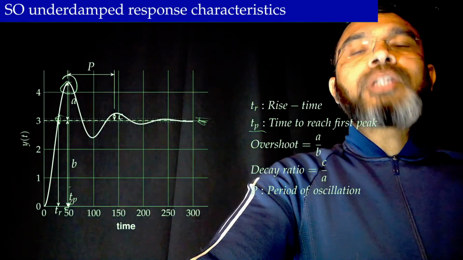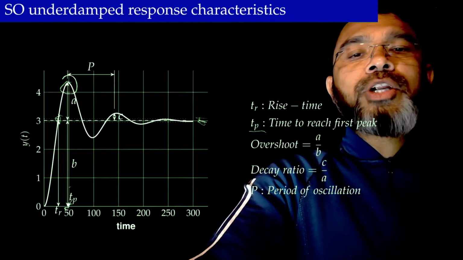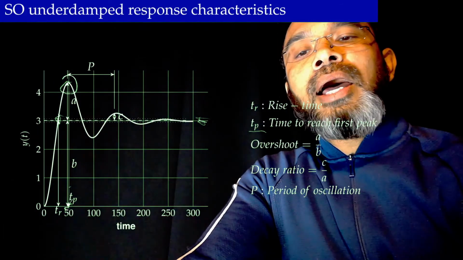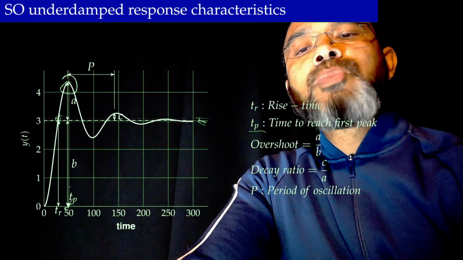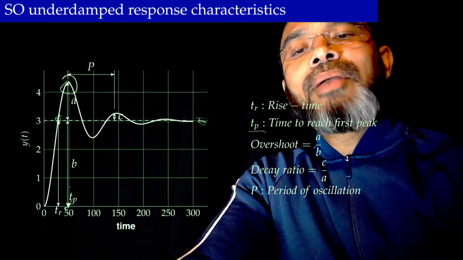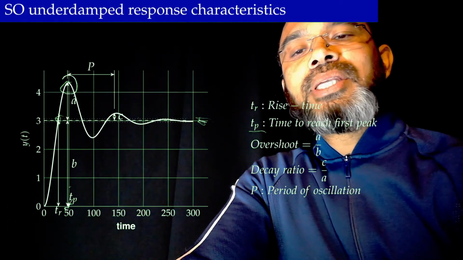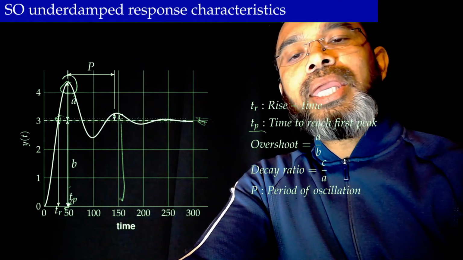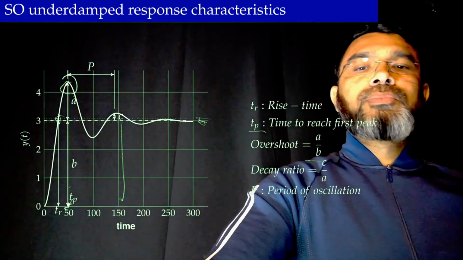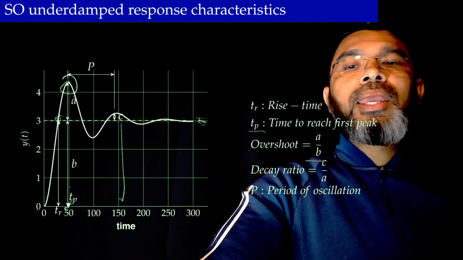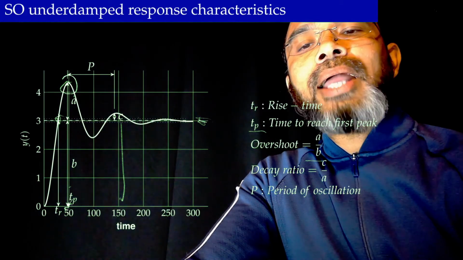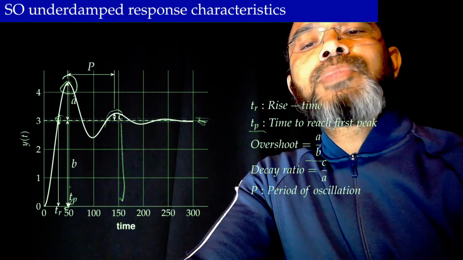Now there are two other important parameters: overshoot and decay ratio. The response goes beyond the final steady value by some amount A. If the final steady value is B, then A over B is called the overshoot. It reaches this first peak, then goes to a lower peak, and comes back to the peak again.